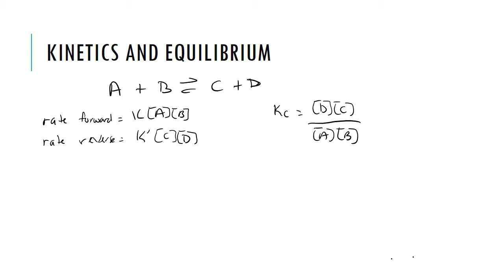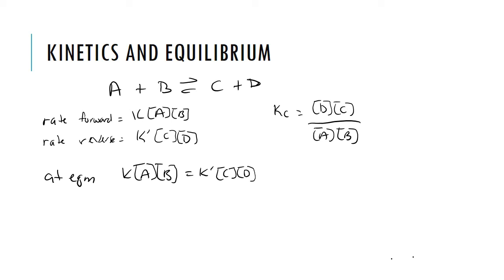Okay, so how do these two expressions relate? Well, we assume at equilibrium, the rate of the forward reaction will equal the rate of the reverse reaction. So at equilibrium, your forward rate expression equals the reverse rate expression.